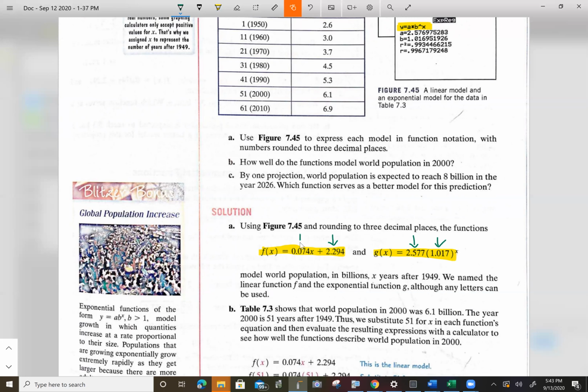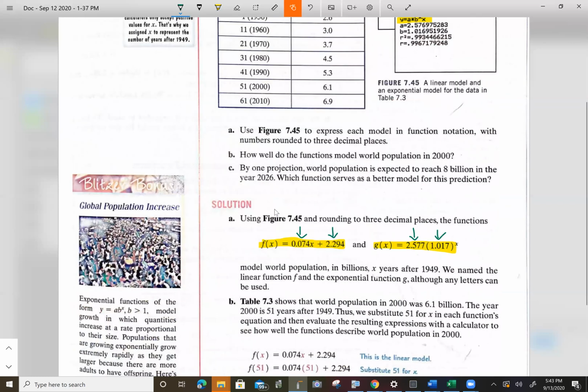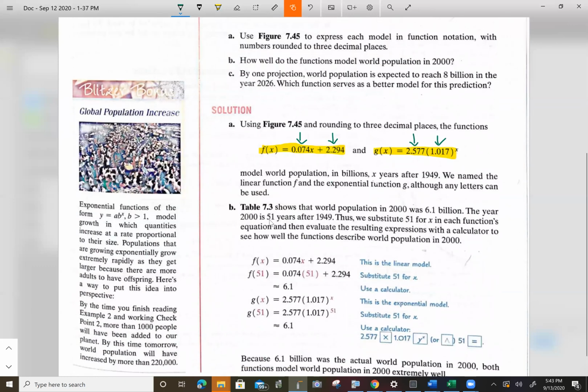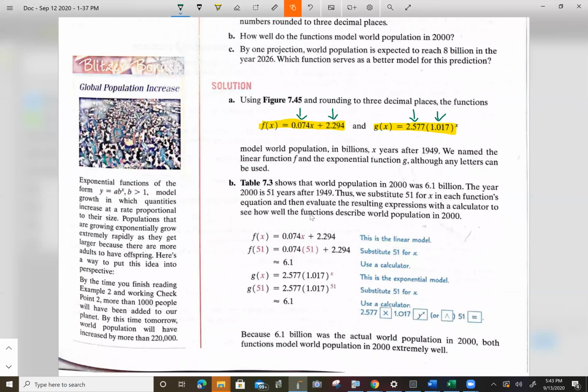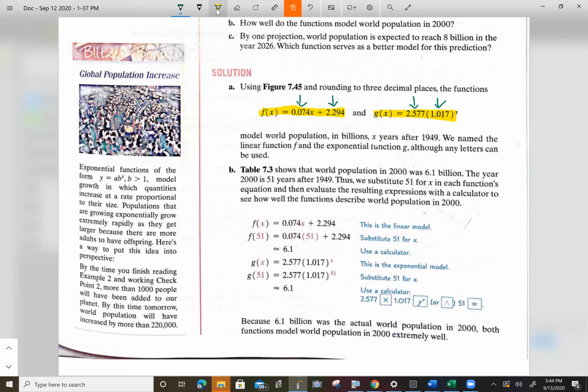And here it's saying that it's growing by 0.074 billion people per year. Okay, so that's the difference in those two functions. So which is going to best represent how population is growing? Interestingly enough, when they put in 51 years later, so what would that be, 2001 or 2000?